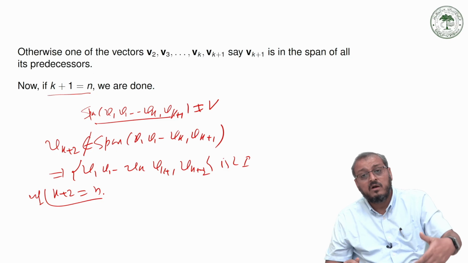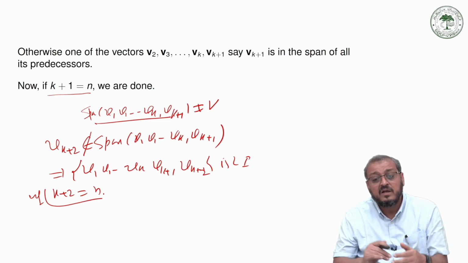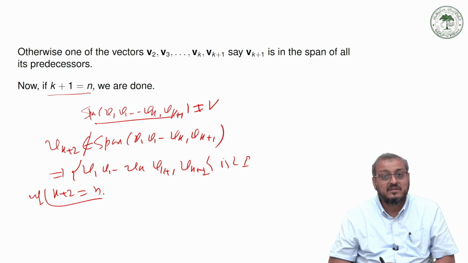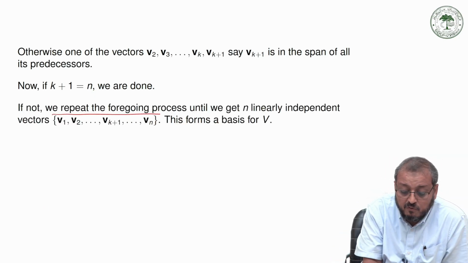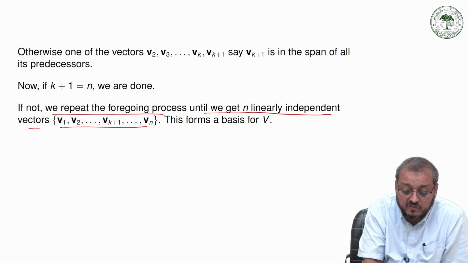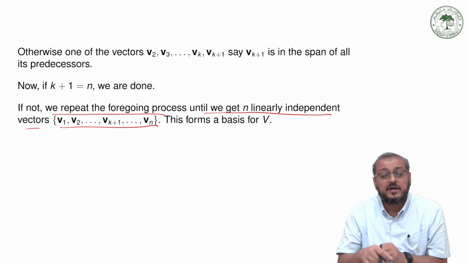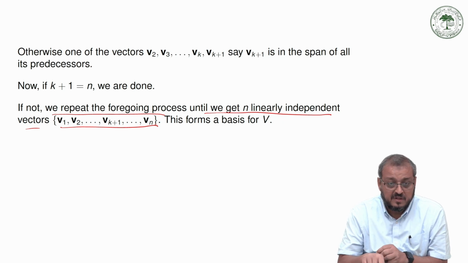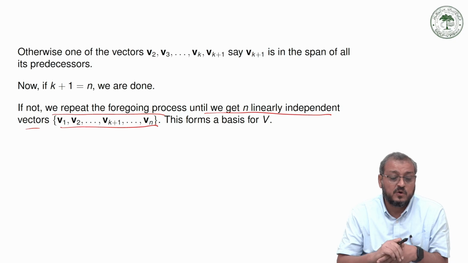If it is not, we repeat the foregoing process until we get n linearly independent vectors v1, v2, ..., vn, and these form a basis for the vector space V. So this completes the proof of this theorem.